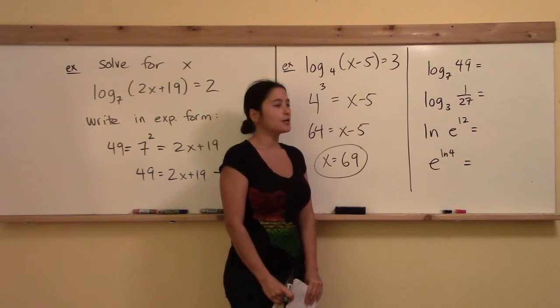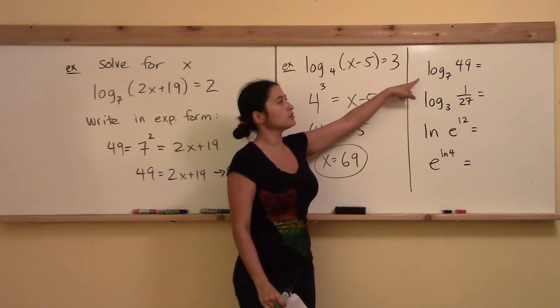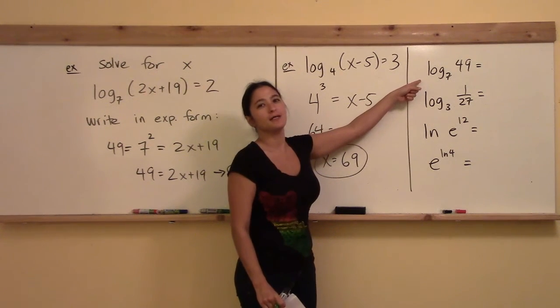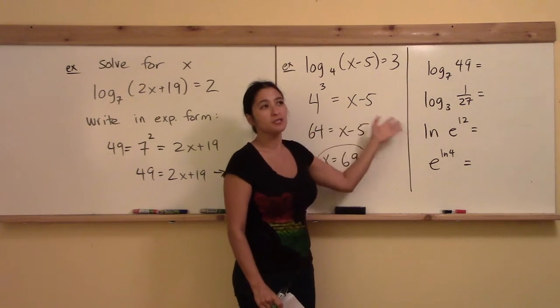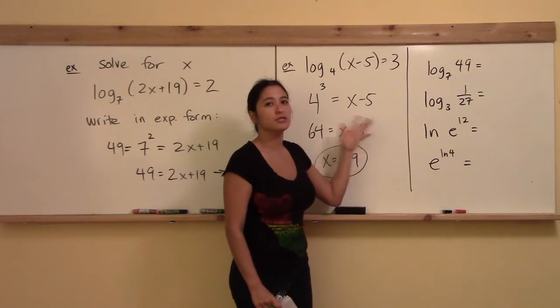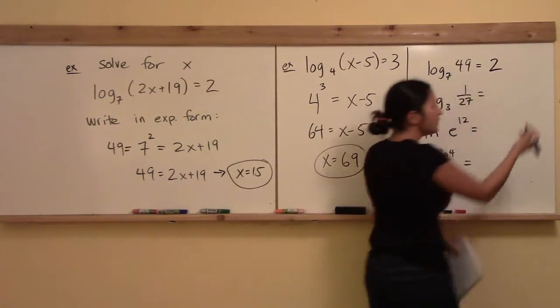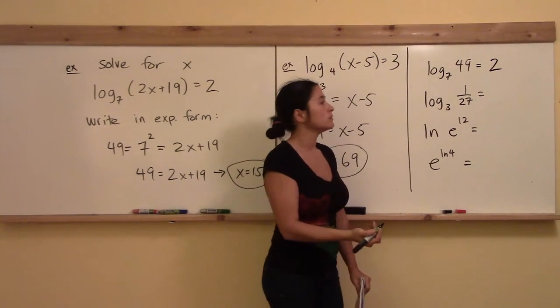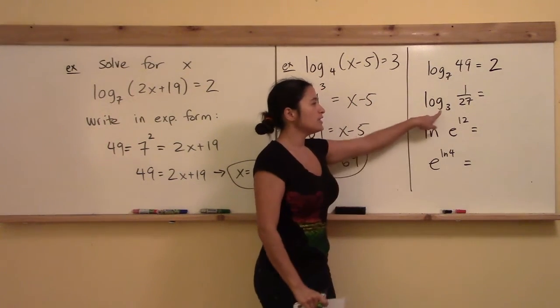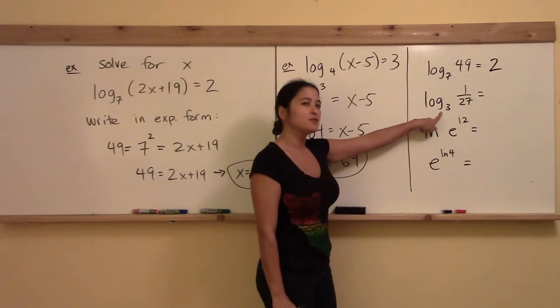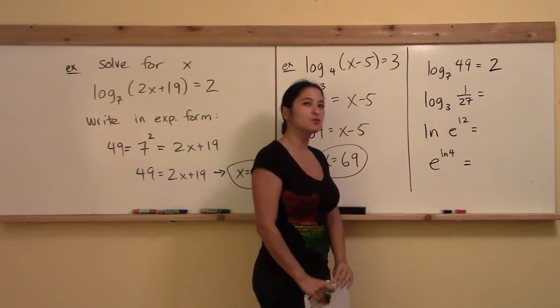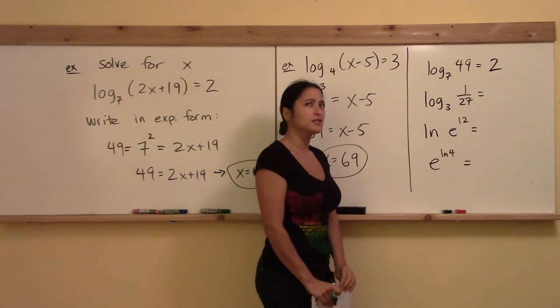Okay, so let's talk about it. This top one, log base 7 of 49, means what's the exponent that I would raise a 7 to get 49? Well, I know that 7 squared is 49, so the exponent must be 2. What's the exponent that I would raise a 3 to get the number 1 over 27? That's a fraction.